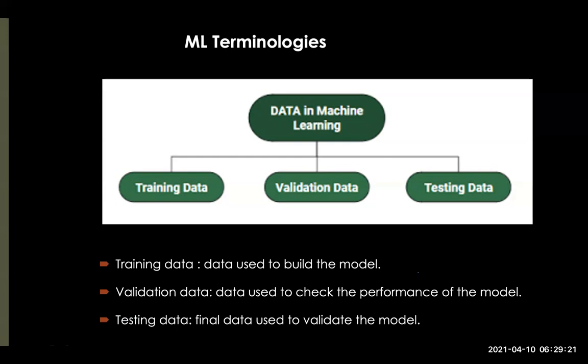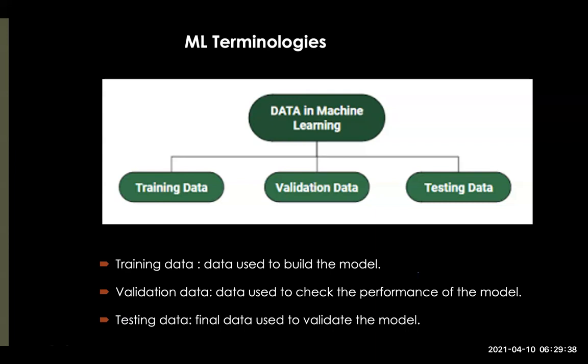The training data is the data that we basically use to build the model. The validation data is the one that we use to check how the model is performing and to tune it, to adjust some of the parameters so as to squeeze out the best accuracy.